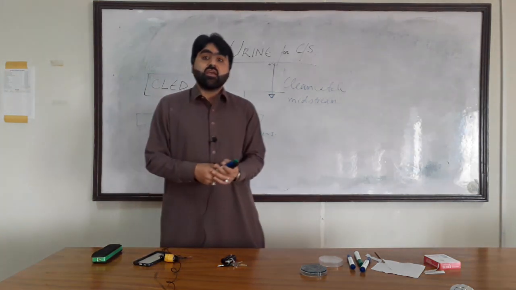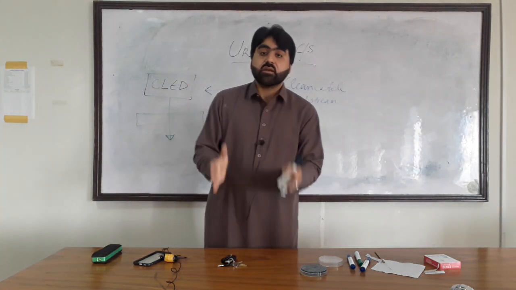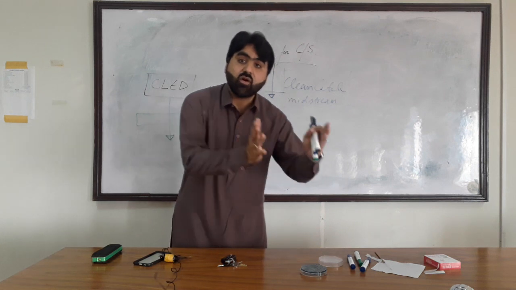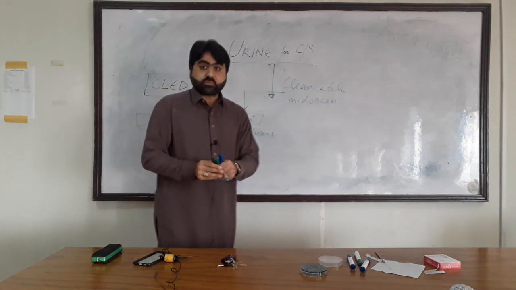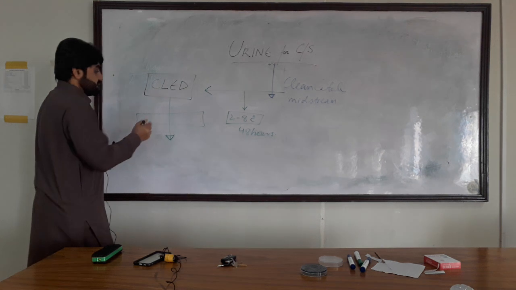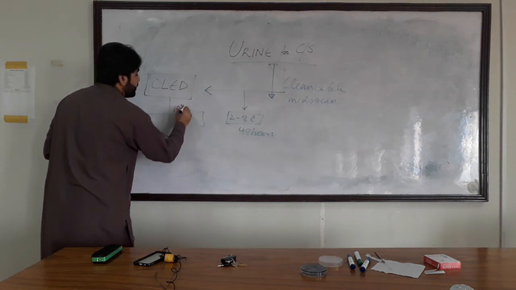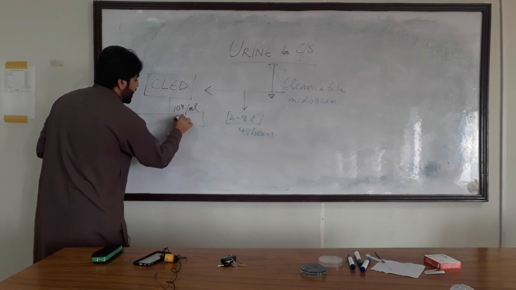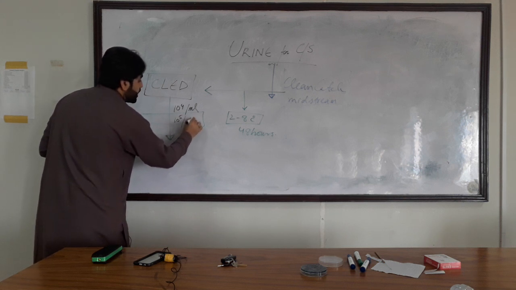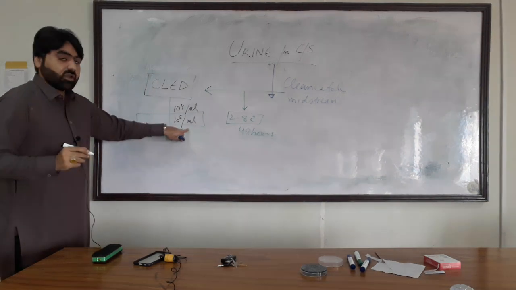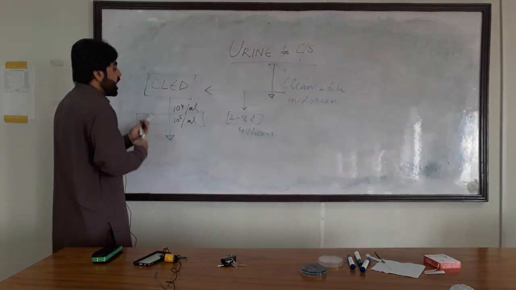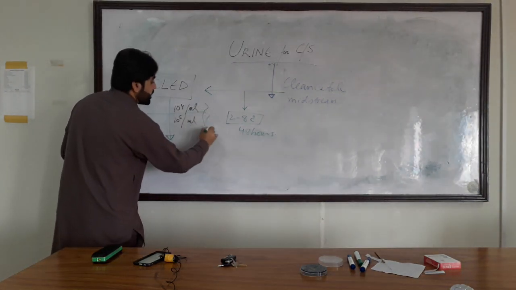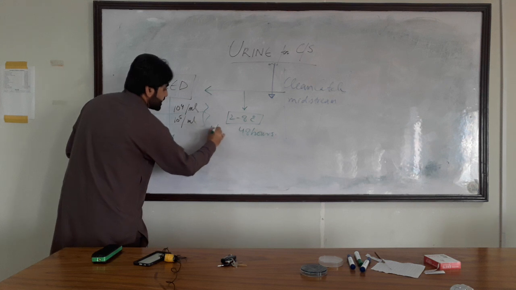Therefore, it is always recommended to count bacteria per ml of urine, because when there are 10 power 4 or more than 10 power 5 bacteria per ml of urine, then we count it as a result of bacterial infection.